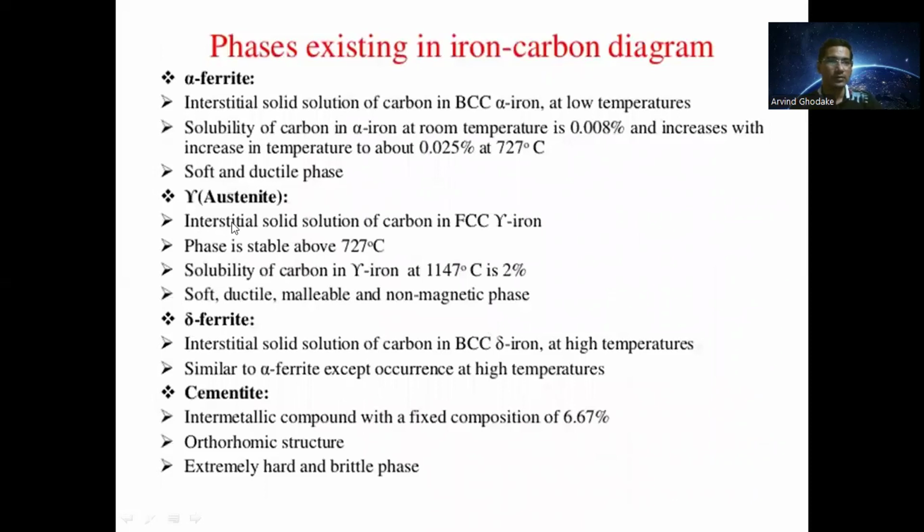Next is austenite. It is the interstitial solid solution of carbon in FCC gamma iron. This phase is stable above 727 degrees Celsius. The solubility of carbon in gamma iron at 1147 degrees Celsius is 2%. It is soft, ductile, malleable and non-magnetic.